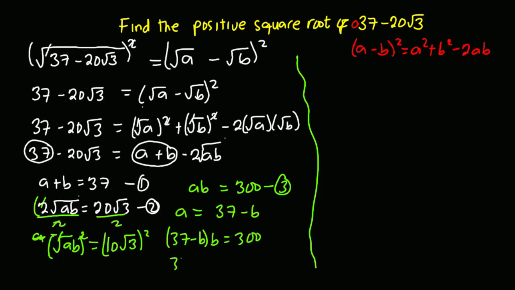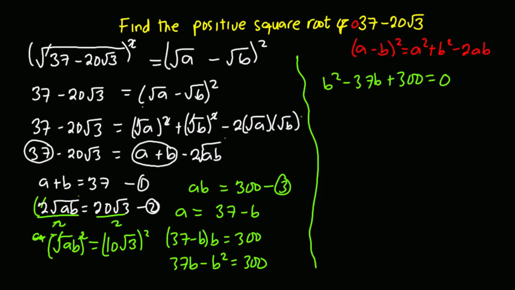So I get 37B minus B squared is equal to 300. Rearranging, we get B squared minus 37B plus 300 is equal to 0.